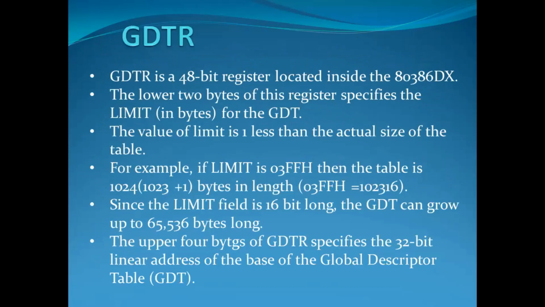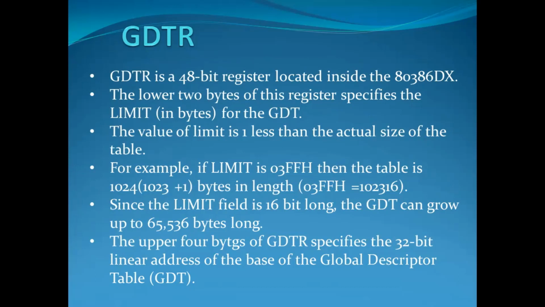Now we'll see the GDTR, the global descriptor table register. GDTR is a 48-bit register located inside the 80386DX. The lower 2 bytes of this register specify the limit for the GDT. The value of the limit is 1 less than the actual size of the table.